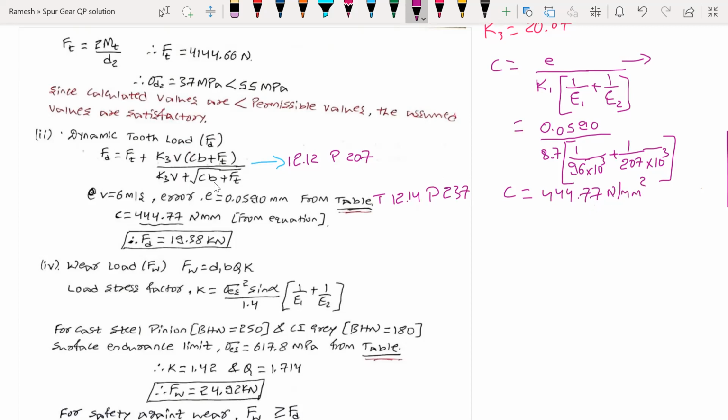After calculating all these values, I'm going to substitute them in equation 12.12.